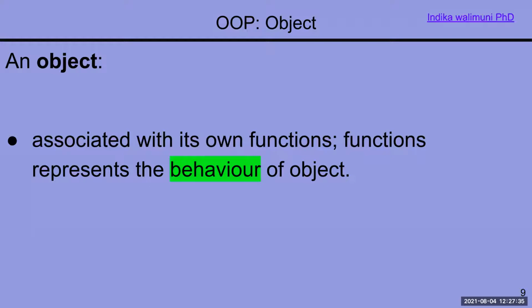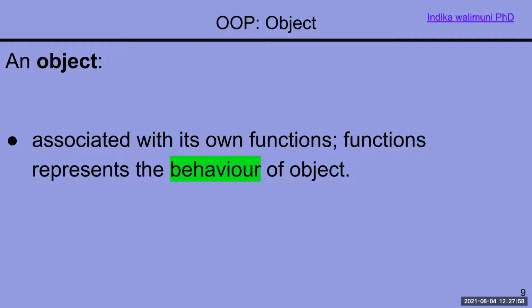If it has 6 sides, the state for number of sides is 6. Okay. And if the object has some functionality associated with it, we can implement it, and those functions represent the behavior of an object.